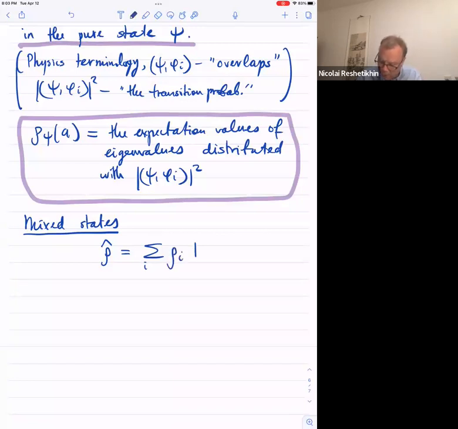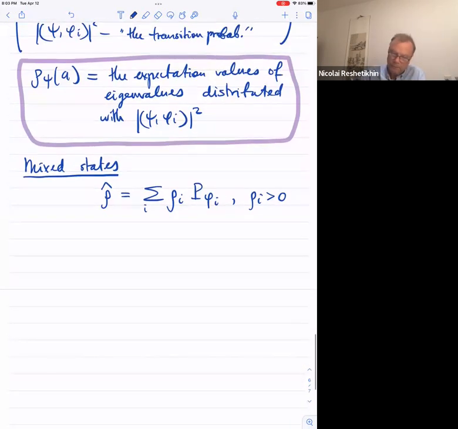Some numbers, and then here the projection to the corresponding eigenvector. And I assume that these numbers are non-zero. I don't want to count zeros. Rho hat can be a very degenerate matrix, like for the pure state, it has all eigenvalues zero except for one. That's corresponding to the pure state. So what do we know about these rho I? They are positive, and their sum is equal to 1.